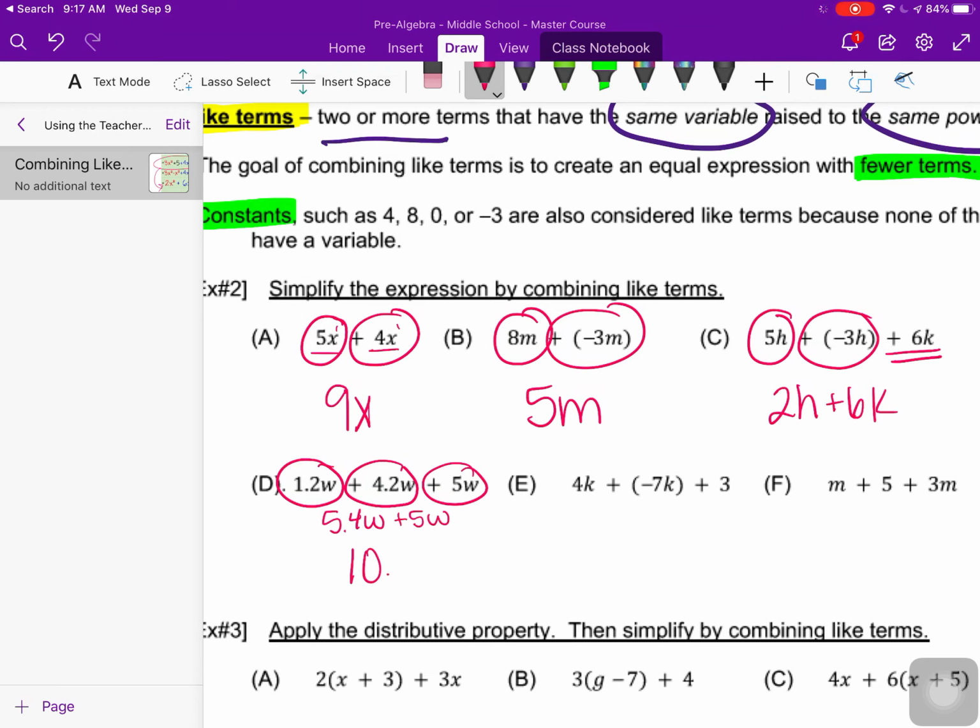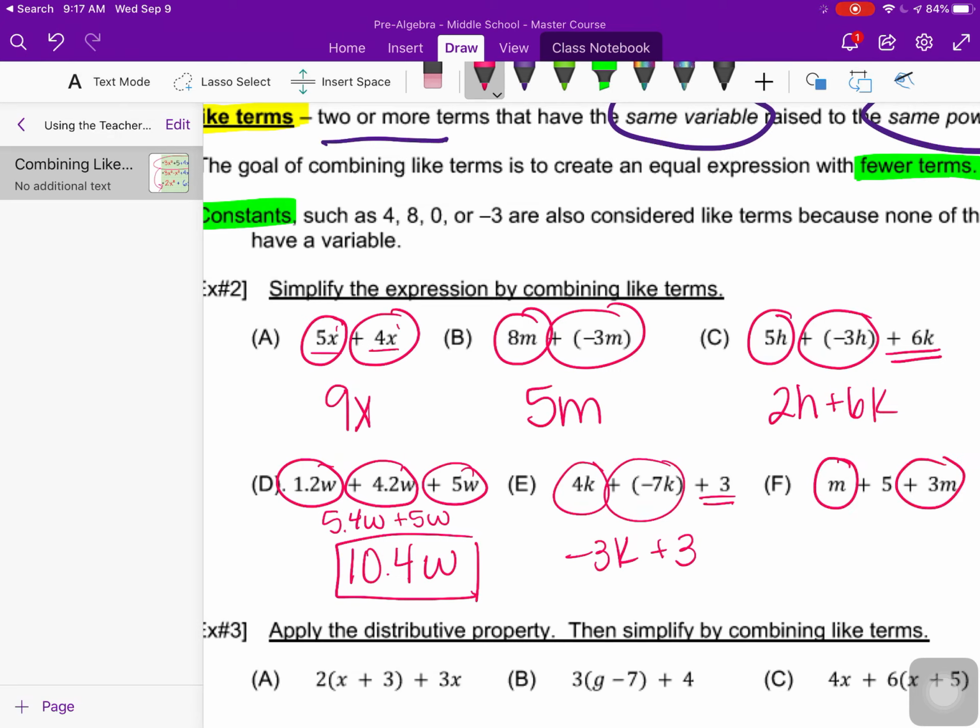So this final answer would be 10.4w. 4k plus -7k is -3k, and -3k plus 3 is your final answer for part E. And then F. Sometimes your like terms won't be next to each other, so this sign always goes with the term that comes right after it. So m is really 1m, so 1m plus 3m is 4m. Don't forget about the plus 5.